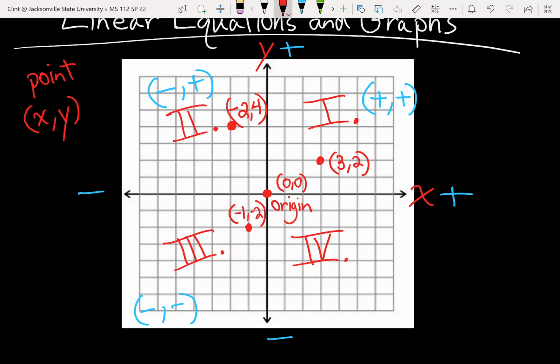But in quadrant 4, we'll have positive x and negative y. So let's see, I'll go over 6 to the right and then down 2. So there's a point 6, negative 2 in quadrant 4. So here we have positive x, negative y.